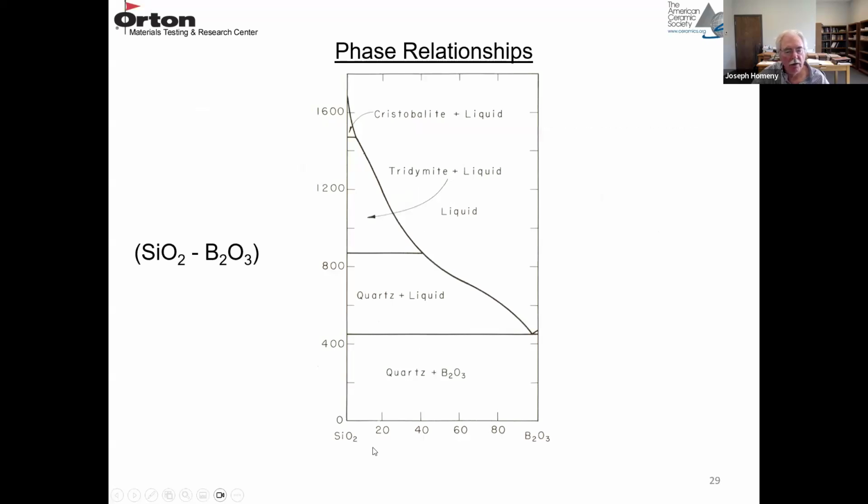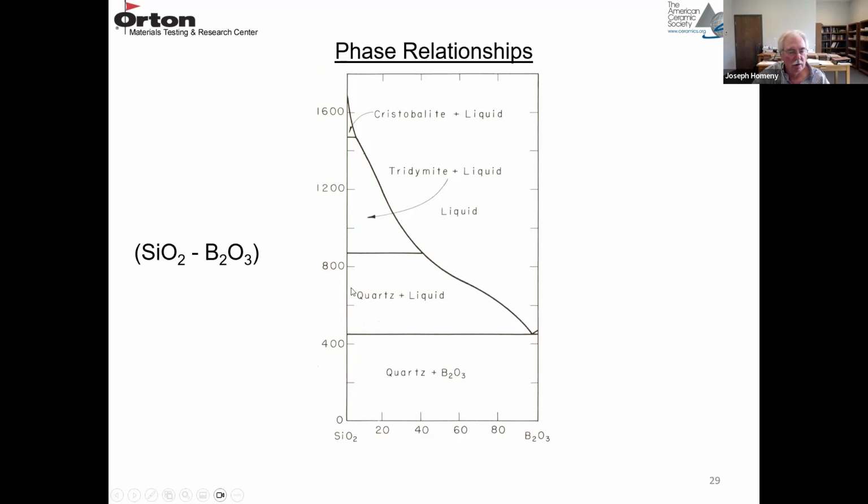So this phase diagram is SiO2 on the left-hand side and B2O3 on the right-hand side. And the temperatures are 0 to 1600 degrees C. So a small amount of boron oxide would be just to the right of 100% SiO2.